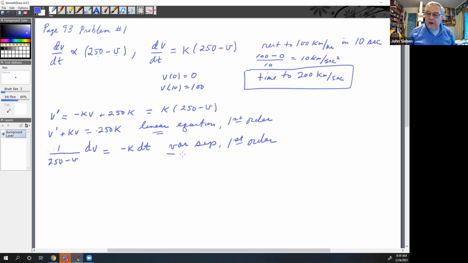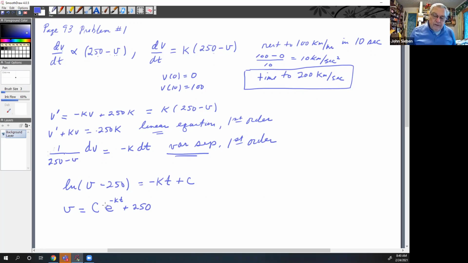Using the variable separable, I've got a natural log V minus 250 is equal to minus K T plus a constant, and that will boil down to V is equal to C e to the minus K T plus 250.